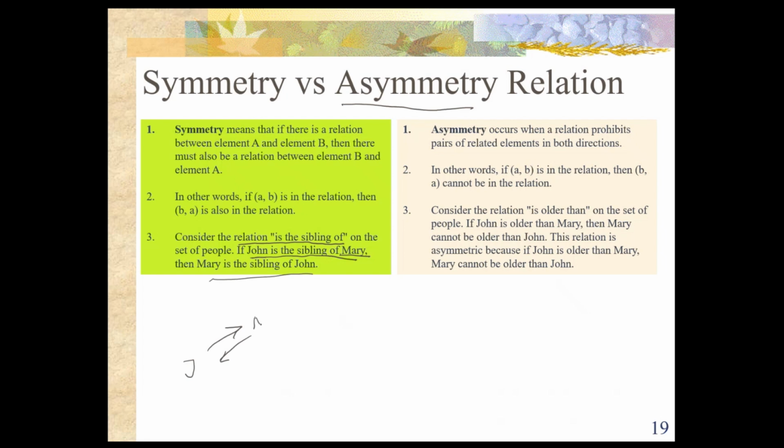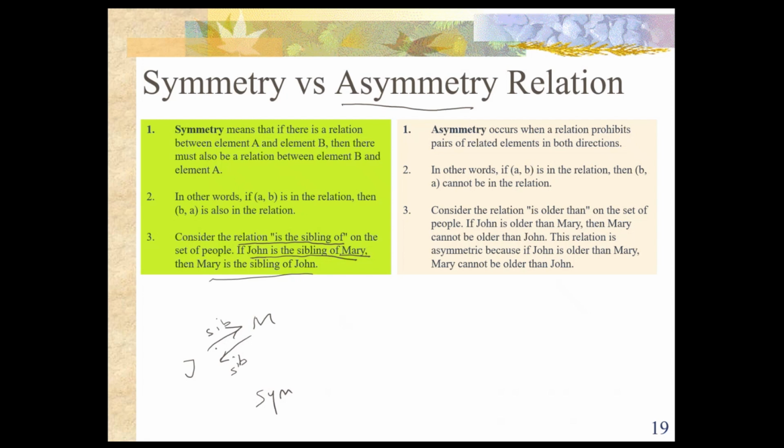John, Mary. John is sibling of Mary. Mary is also sibling of John. So this is symmetric, because it is a two-way relationship. The relationship exists for both.